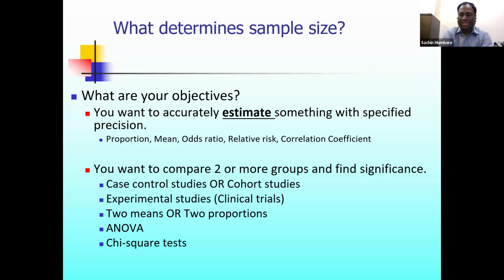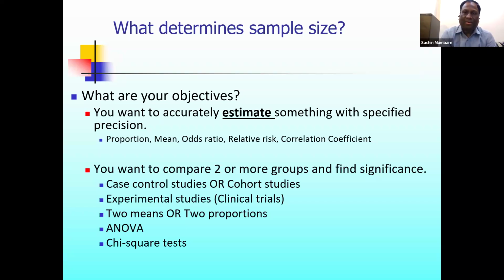Here you are not applying any statistical test of significance. You are just estimating a population parameter such as the proportion or prevalence of a disease, or the mean of something in the population, or an odds ratio, or relative risk, or a correlation coefficient.